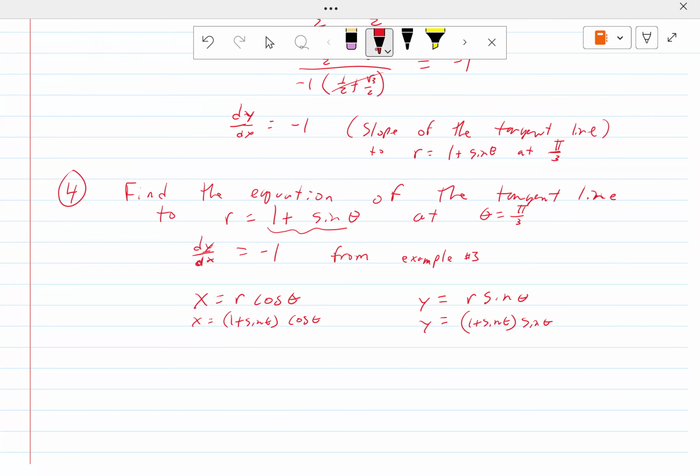So x equals cosine theta plus cosine theta sine theta. That's the x value. If you just give me the theta, I can give you the x value. And y is going to be equal to sine theta plus sine squared theta.